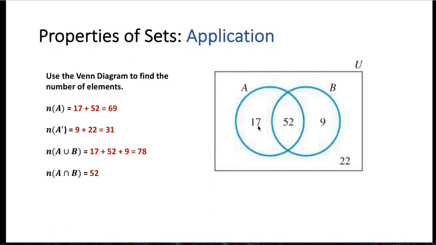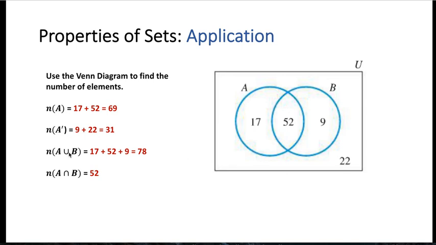So the number in A are all of those in this section and this section. So 17 plus 52, that's this whole circle A, that's 69. The number in A complement is everyone else. So that's going to be 9 plus 22, so that's 31.